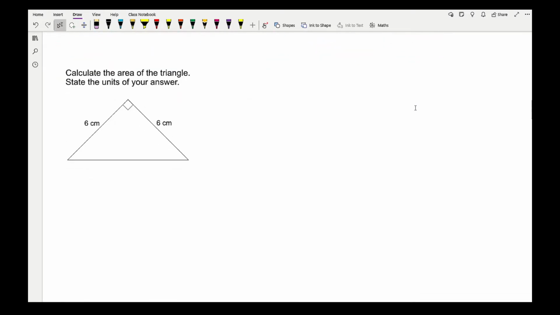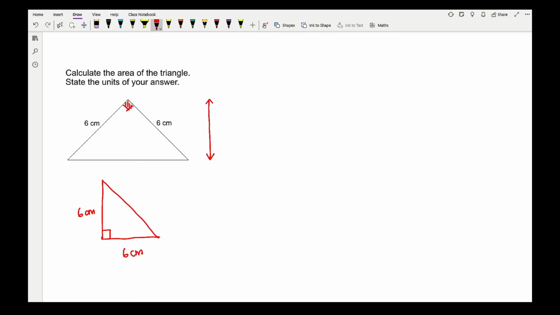So moving on to our next question, again, it says work out the area of the triangle. Now this one, it's not obvious that we're given the height. You're thinking, that's the height, and it's not given to me. But recognizing that this is a right angle triangle, if I just redraw this triangle like so and rotate it, I can see that this is 6 centimeters and this is going to be 6 centimeters because it's the two sides attached to the right angle.